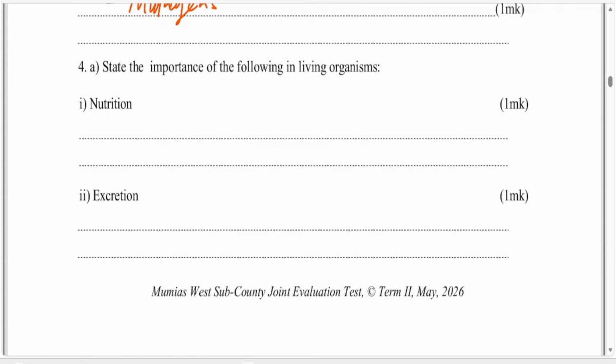We have several characteristics, including the ones that we are given here: nutrition and excretion. We also have gaseous exchange, respiration, irritability and sensitivity, growth and development, and other characteristics. But in this case, we are being taught to state the importance of these particular characteristics to the living organisms. So we are going to state how they help these organisms.